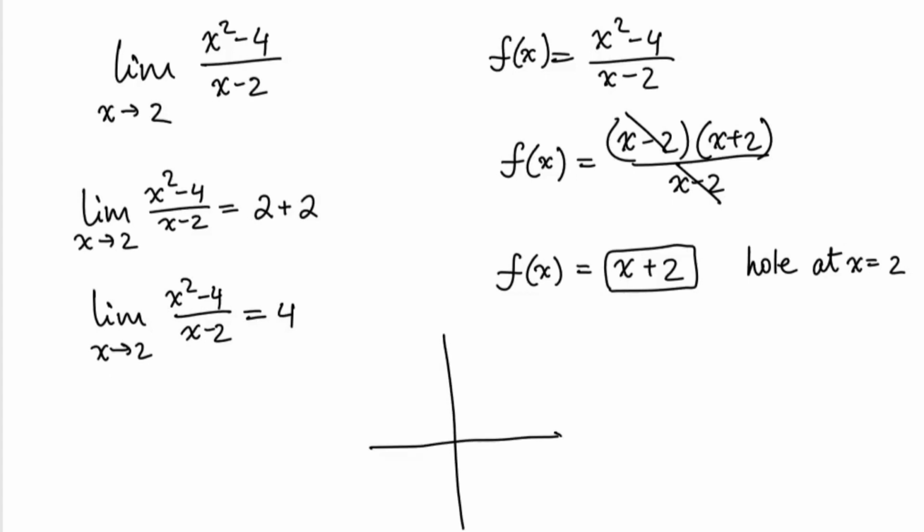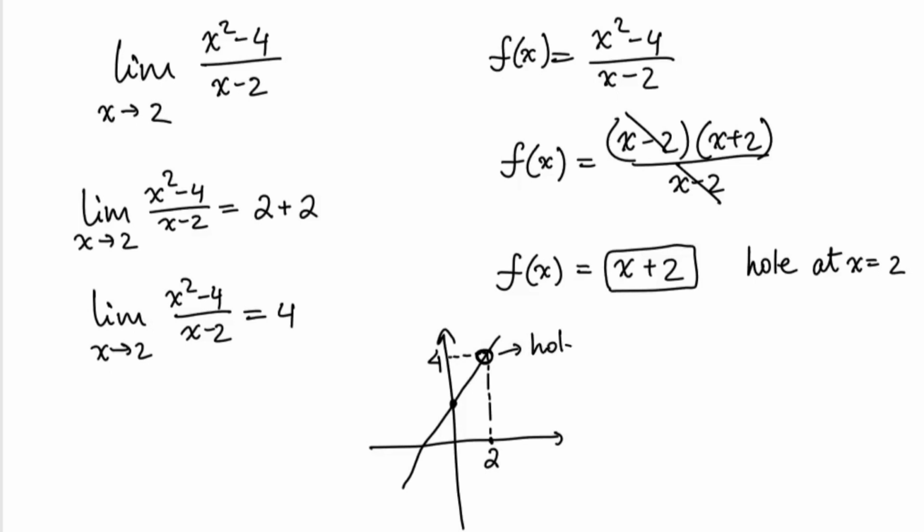So the graph of this function in its simplified form is x plus 2, with a y-intercept of 2 and a slope of 1. It's a straight line. And then when x takes on the value of 2, the corresponding y value is positive 4. The limit exists, but the function is undefined at that point.